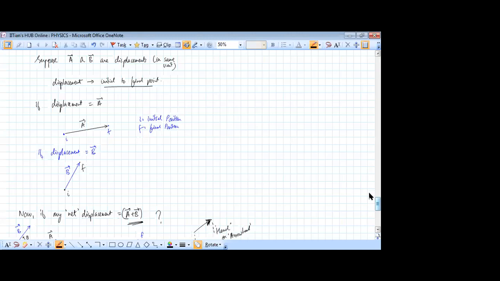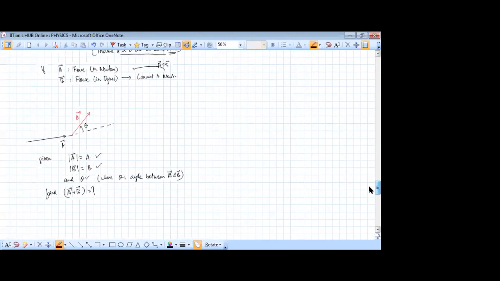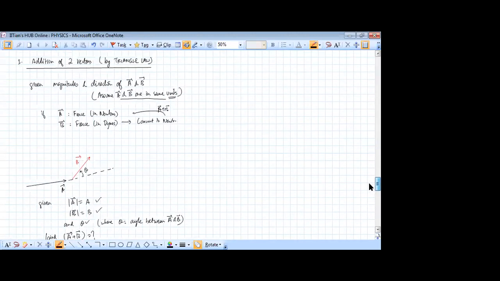Have you noted the part before this, the heading and everything? Have you noted this part? If not, then just do this also.